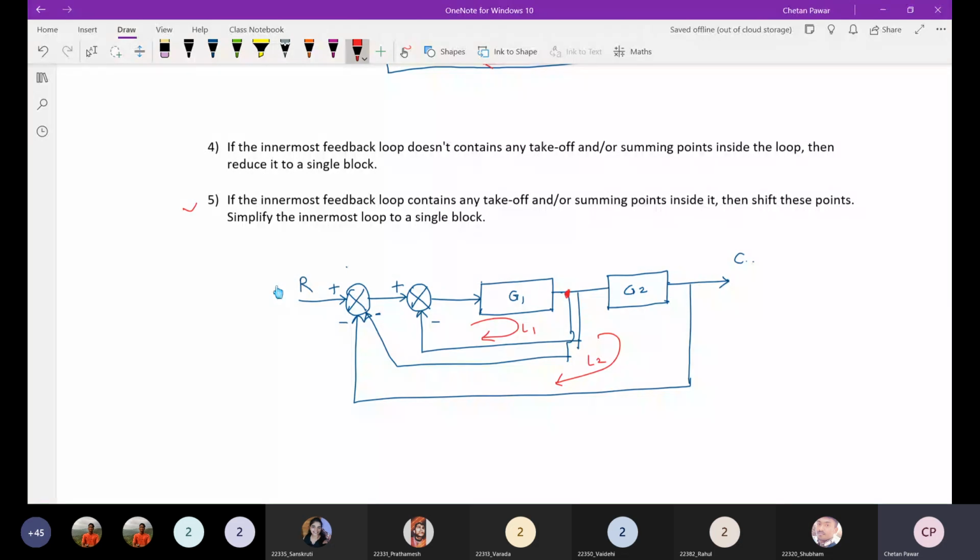Even if there is a summing point here, you need to move the summing point or the takeoff point so that the diagram and that particular loop can be simplified, and you can reduce it to a single block. When we see the example, that point will become clear.